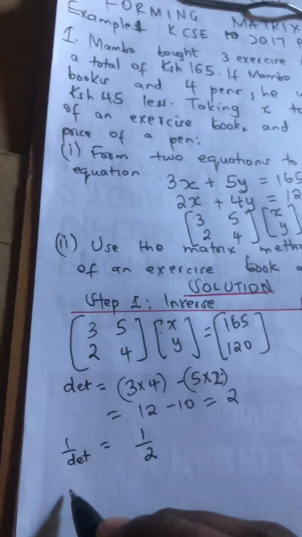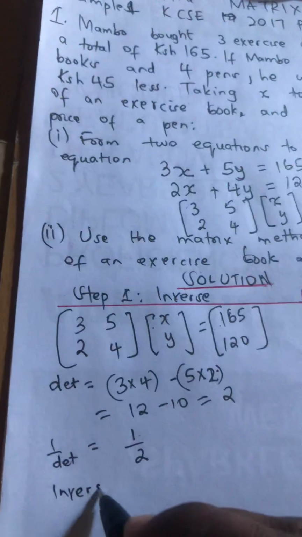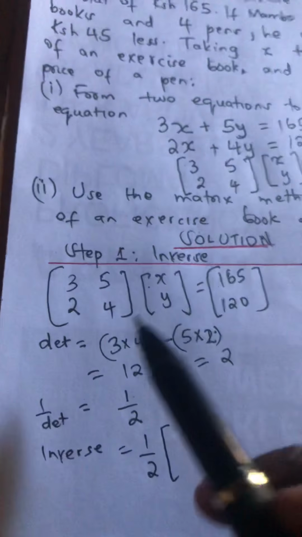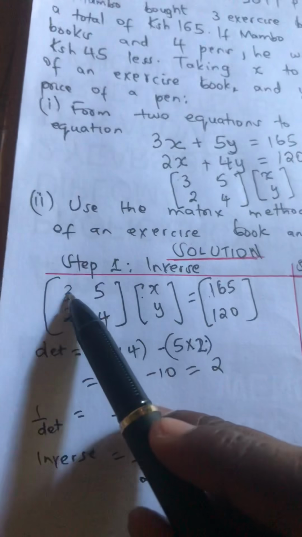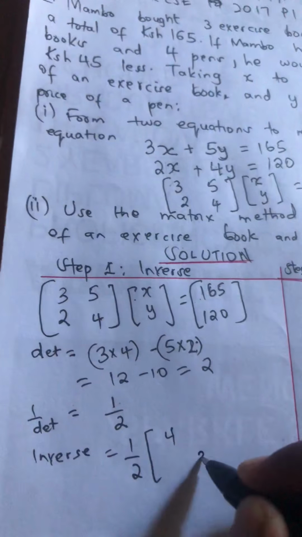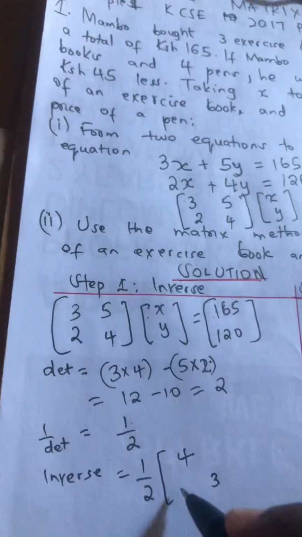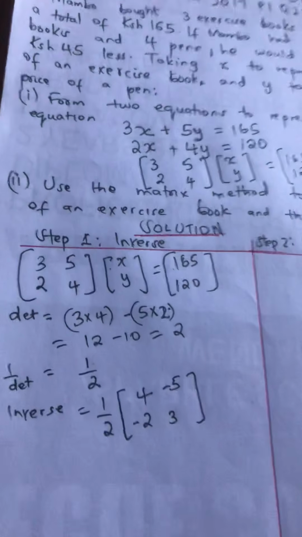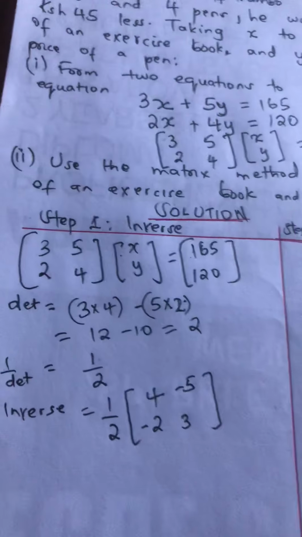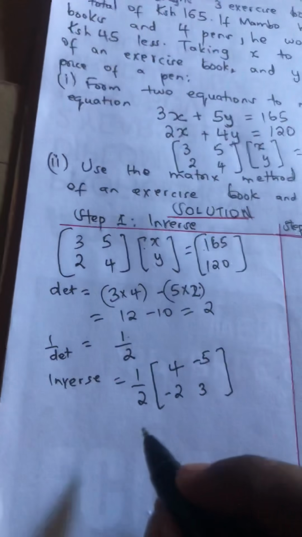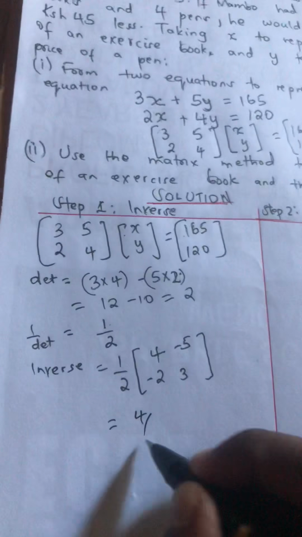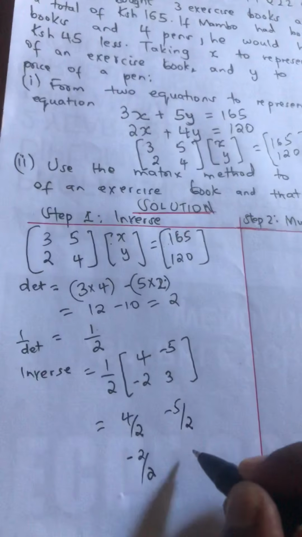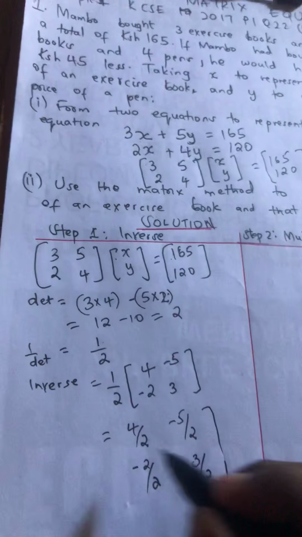And then the inverse will be 1 over 2 times the matrix where, remember what I told you, the leading diagonal is interchanged, giving 4 and 3, and the rest you attach the negative sign without interchanging. Is that okay? So our inverse becomes 4 over 2, minus 2 over 2, minus 5 over 2, 3 over 2.